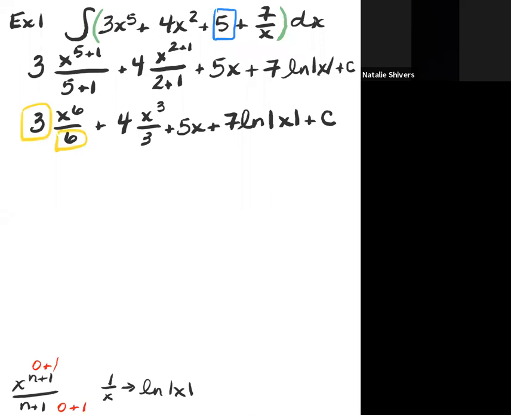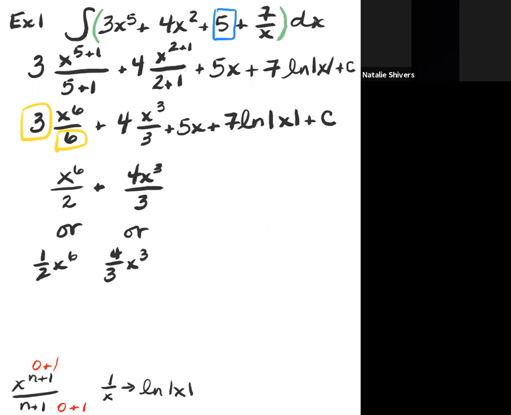Okay, so we're going to get x to the 6th over 2, or 1/2 x to the 6th, whichever you prefer, plus 4x cubed over 3, or again, you can move that 4/3 out front, x cubed, however you like it, plus 5x plus 7 natural log of x plus c.